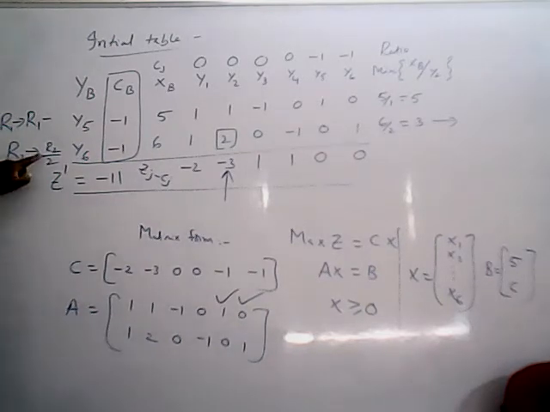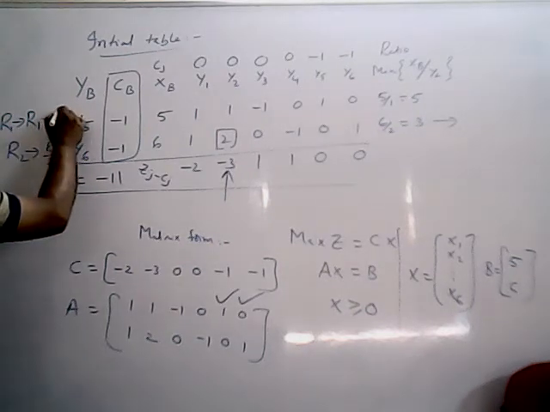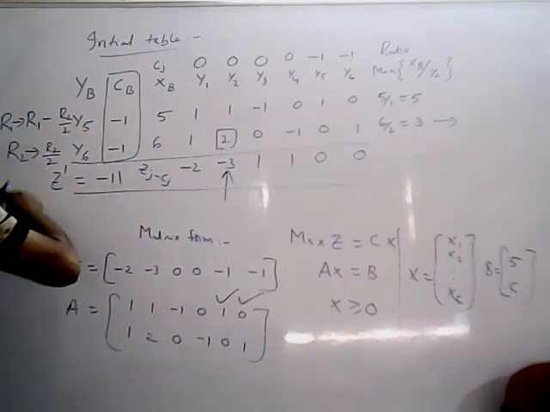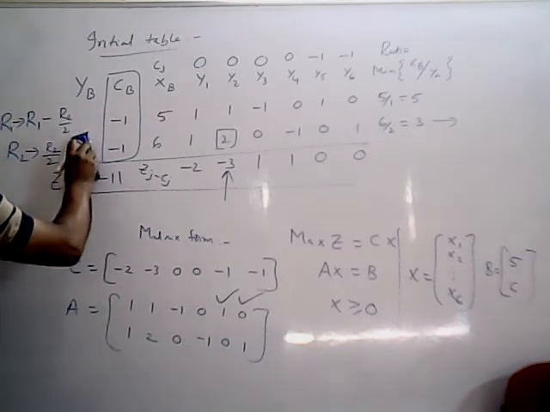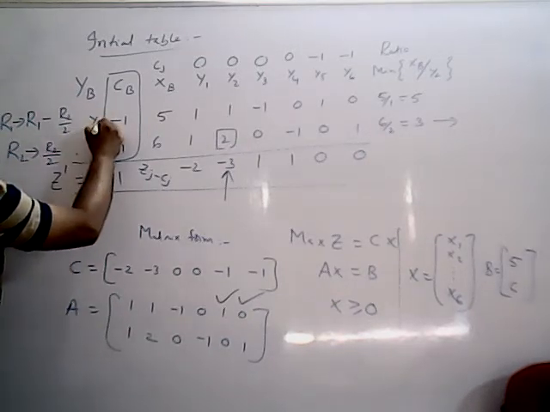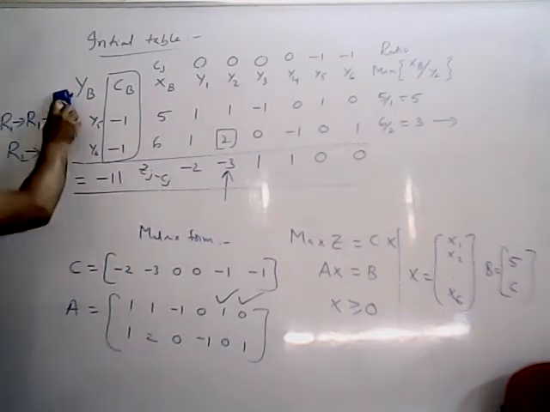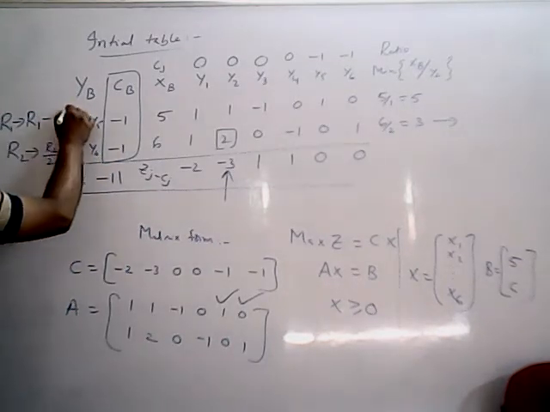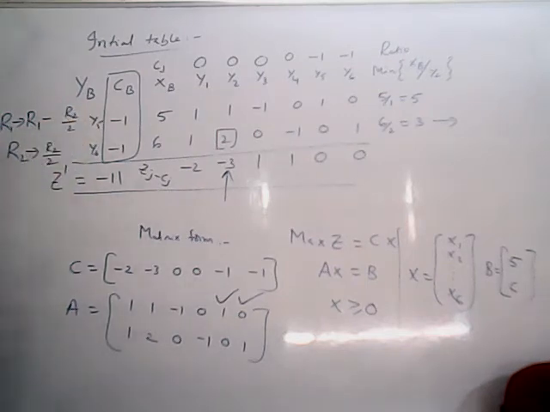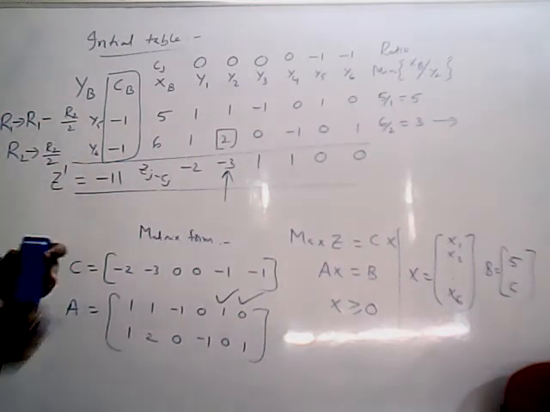Next, copy the key element operation. Whatever the key element operation is should be copied here. What is this operation? R2 by 2. That should be copied as it is. Now see the R1 element.